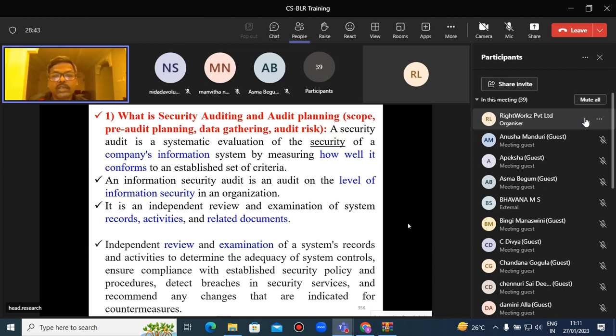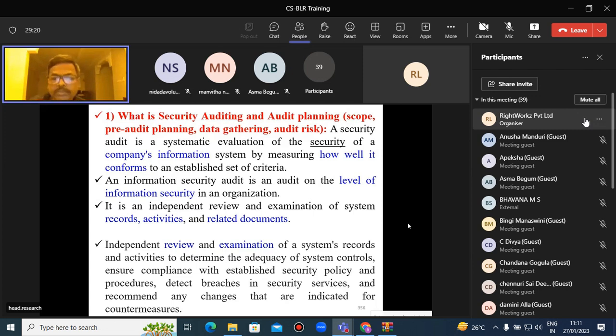That is called security auditing. So an information security audit is an audit on the level of information security. In the beginning itself I told you what level of security algorithms and security mechanisms you are using for your organization. That is called auditing.